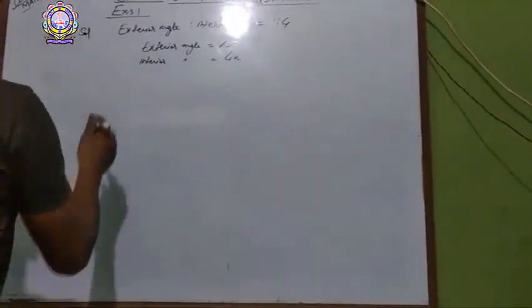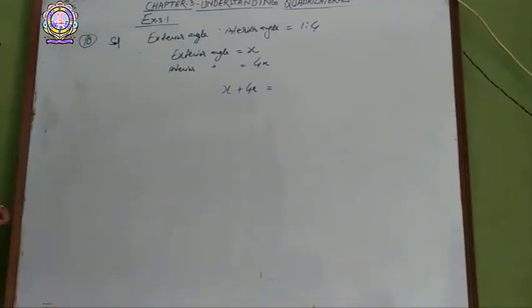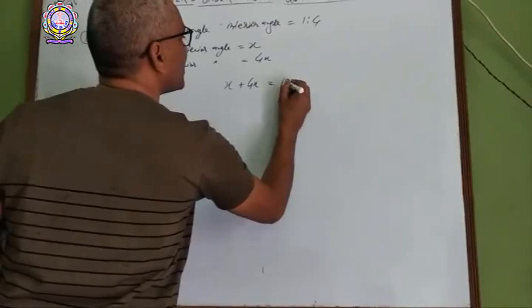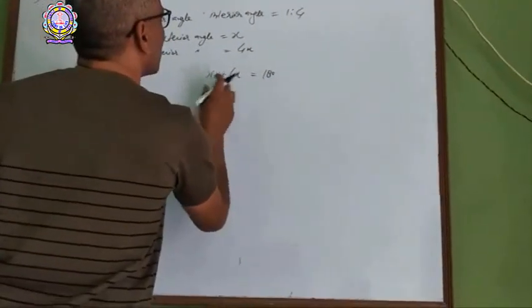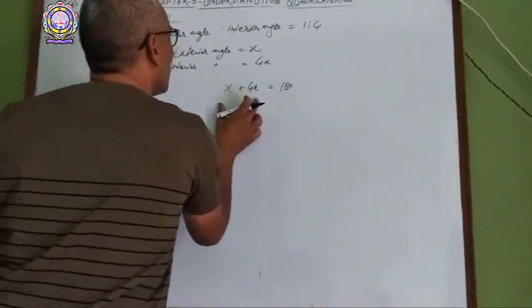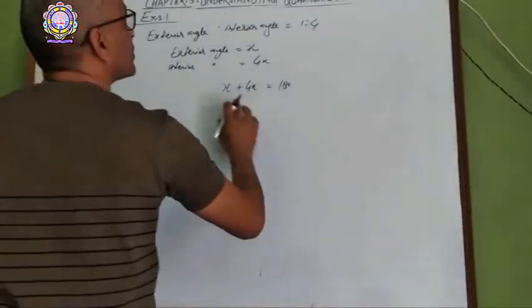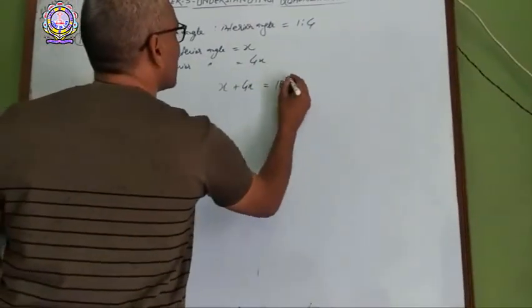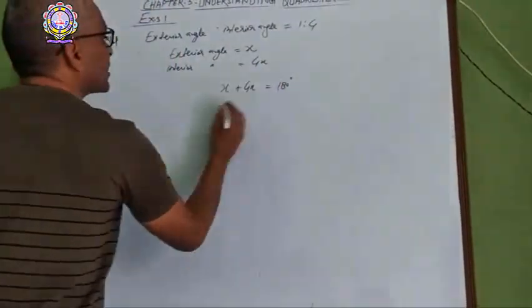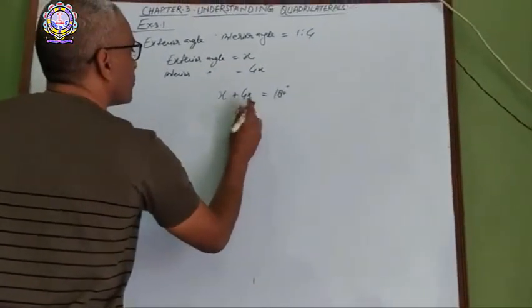Okay, we know that the sum of exterior angle and interior angle is equal to 180 degrees. That is, the sum of interior angle and exterior angle will be equal to 180 degrees. Now to solve for x, this will be equal to 5x.